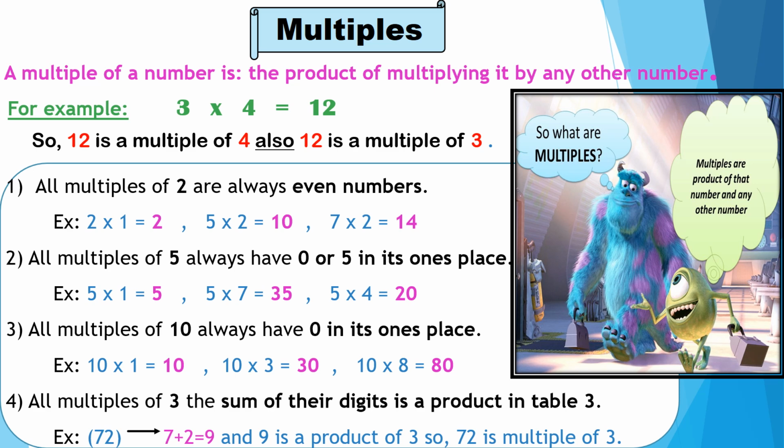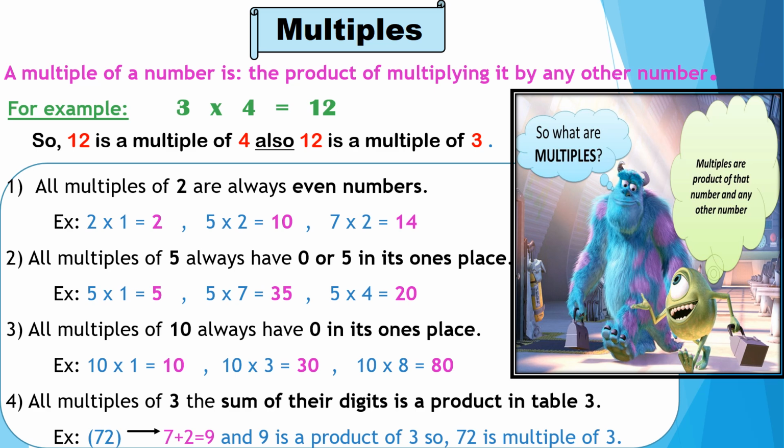For example, 2 times 1 is 2, 5 times 2 is 10, 7 times 2 is 14. 2 and 10 and 14, all of them are even numbers. So any number multiplied by 2 will give me an even number as a product.